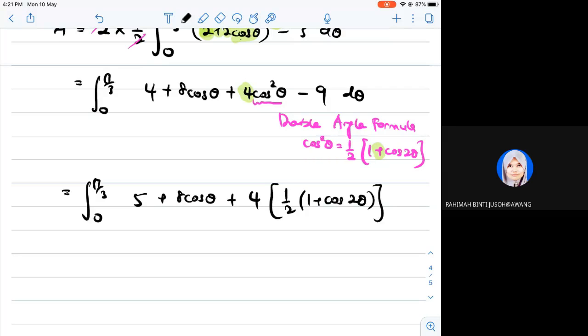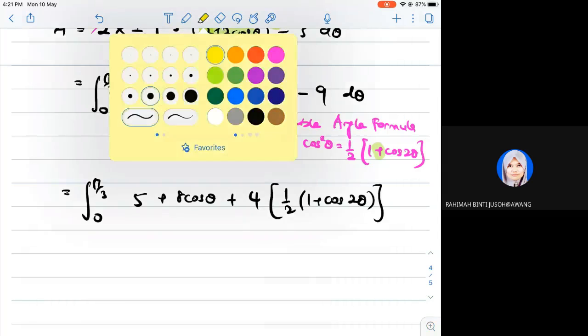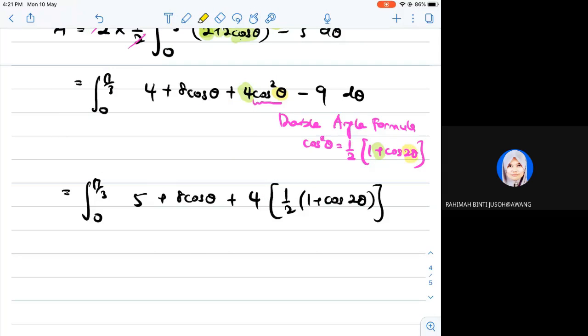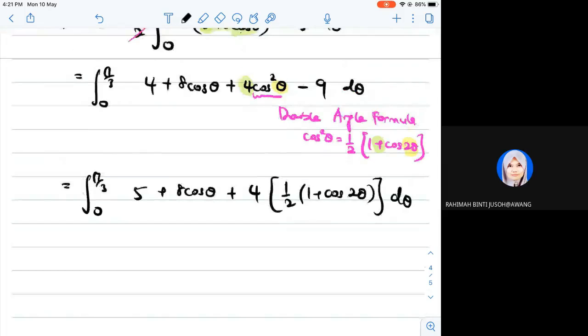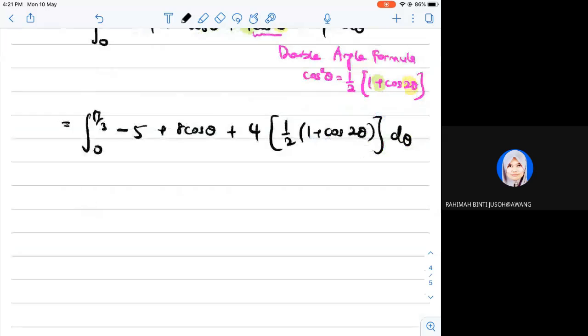This time it is just theta, guys, so that's why it becomes 2 theta. If earlier it was 3 theta, it would become 6 theta. In this case it is theta, so it becomes just 2 theta. Alright. So now, and then negative 5. Alright, negative 5. Okay, now let us solve this.